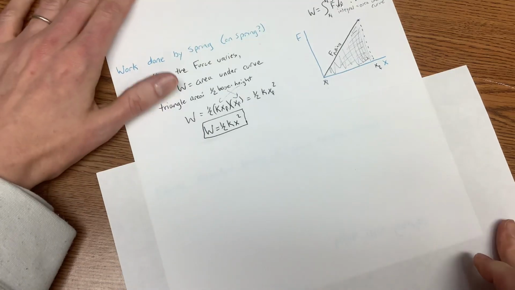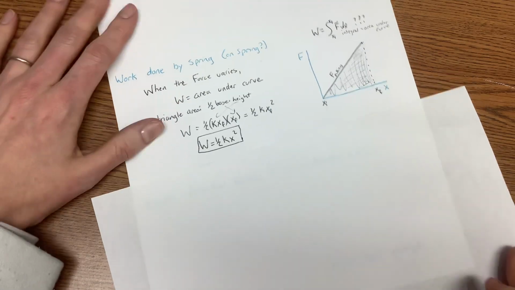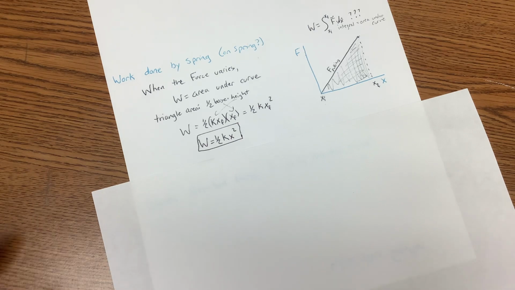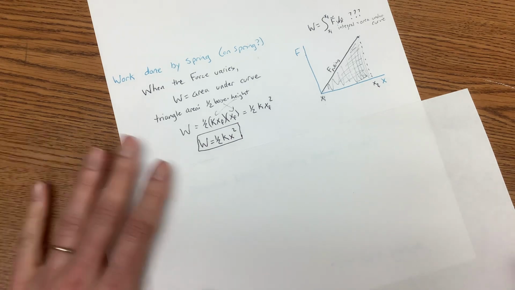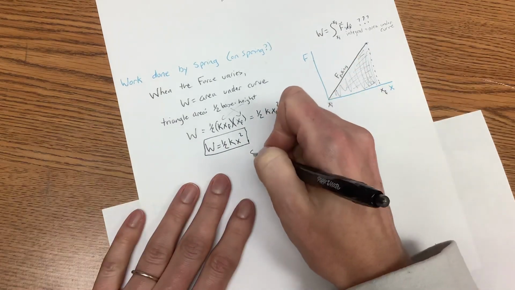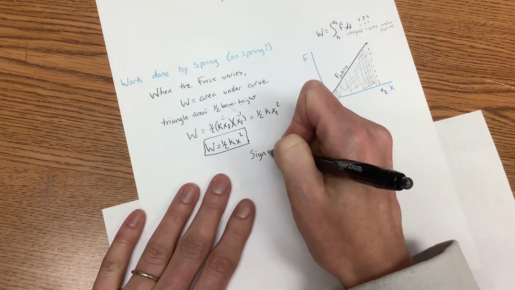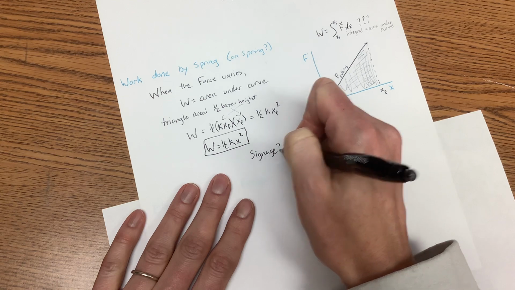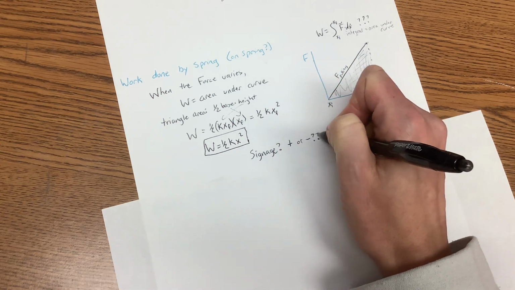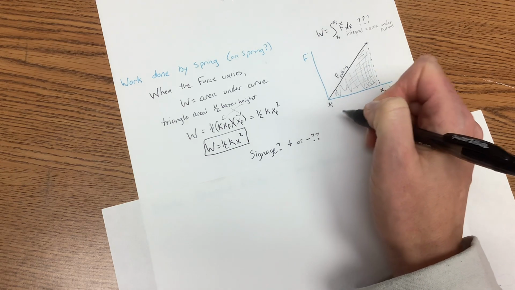Now the work done by the spring, the next question is, well, how much energy can my spring hold? So let's talk about the signs really fast. Is it positive or is it negative? That's a really important question. This really depends.